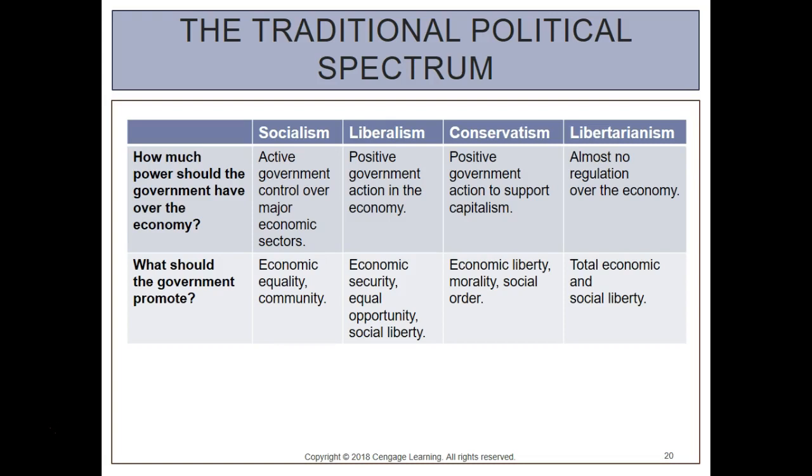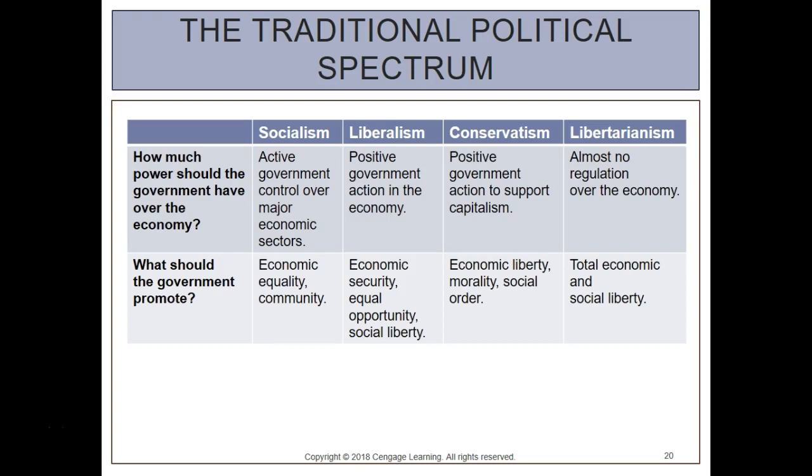From one end, going from control over all economic activity and economic powers in the socialist environment to libertarianism, where we have almost no regulation over the economy and the private market basically regulates itself, and supply and demand dictate price levels and wages and things of that nature.